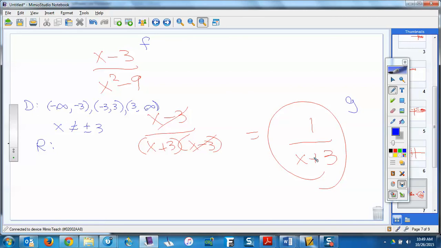If 0 is in the numerator, like 0 over 3 or 0 over 4, right? Well, you're never going to have 0 on top. The only way you can have 0 on top is if x is 3. But the problem with that is then you get 0 on the bottom, right? You can't have 0 on both the top and the bottom.